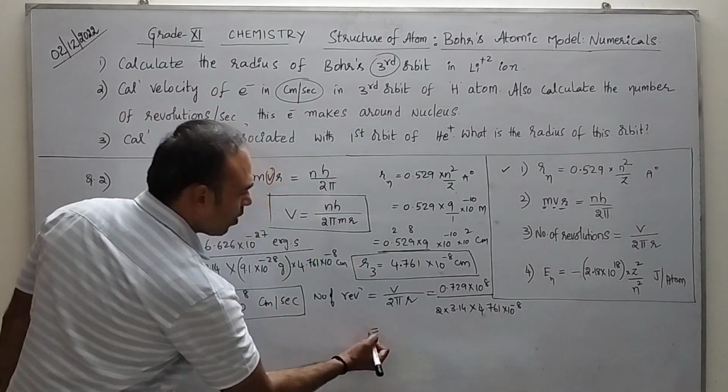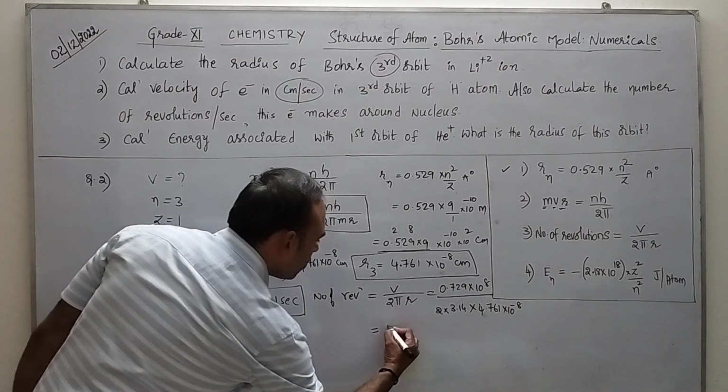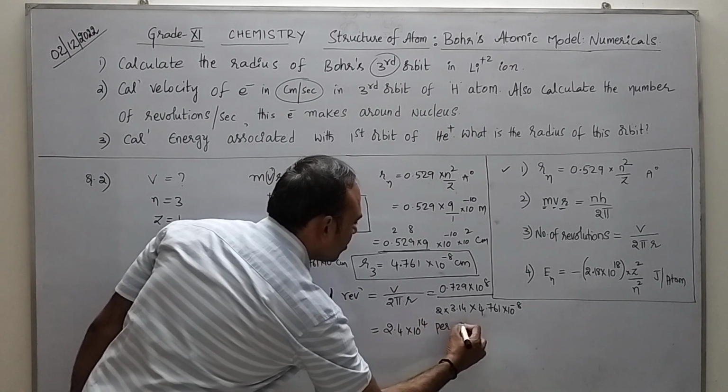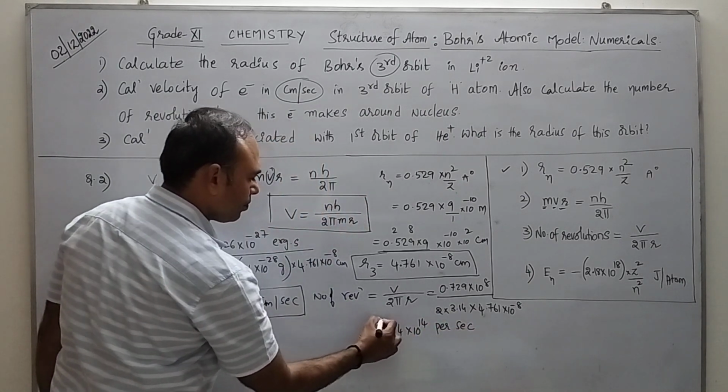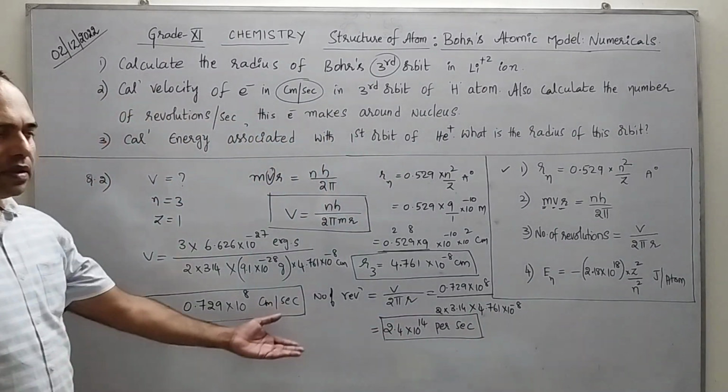So finally, what is the number of revolutions we got? I calculated 2.4 into 10 to the power of 14 revolutions per second. So to save time I have written the answer.